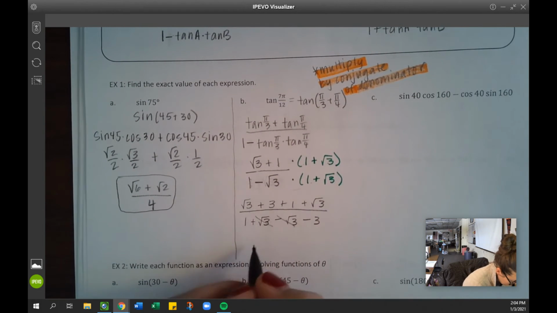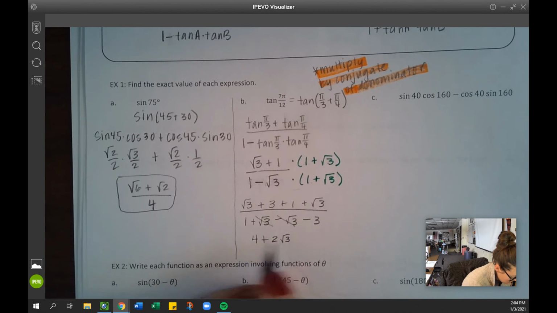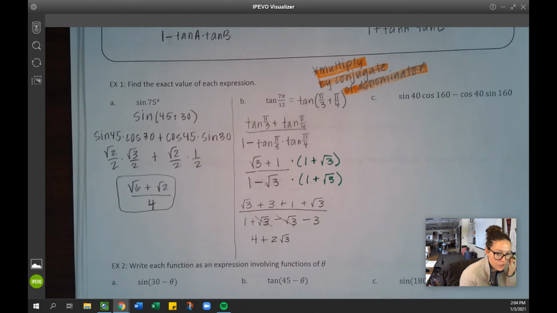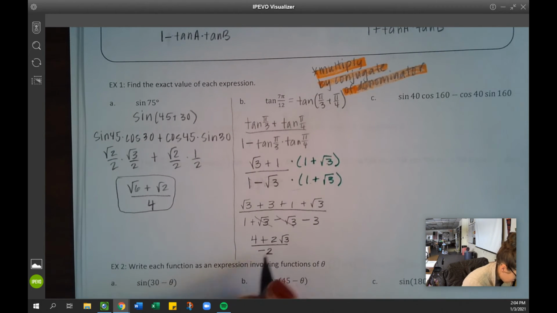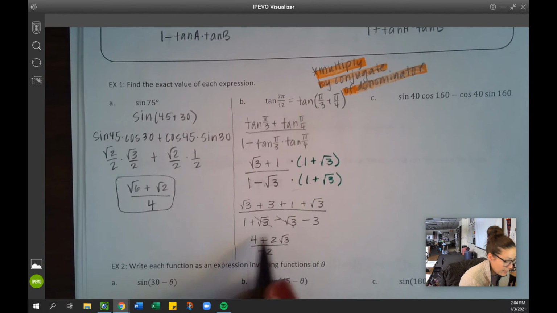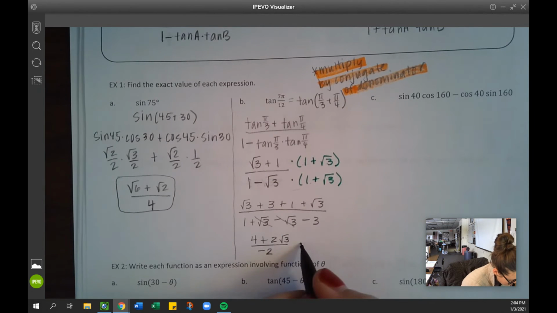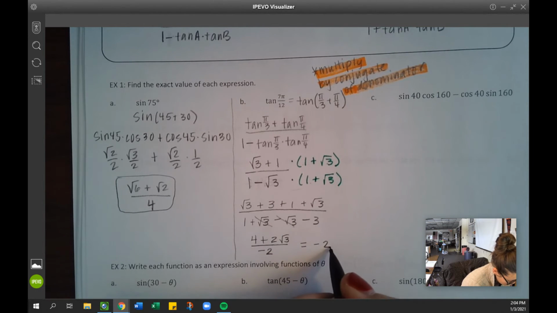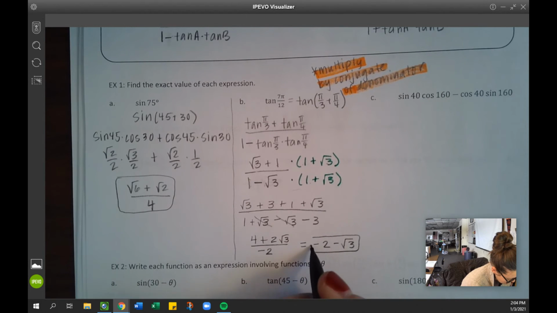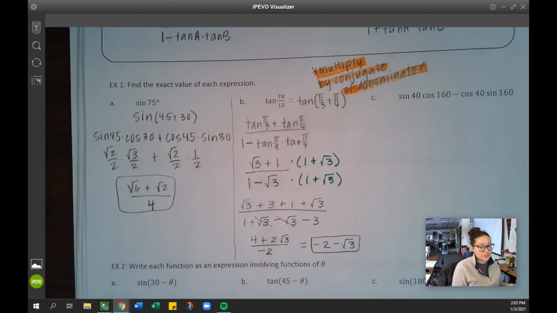On the top, I have 4 plus 2 square roots of 3, because I have a square root of 3 plus another square root of 3. And then on the bottom, I have negative 2. I can simplify this because everything has a factor of 2. So this becomes negative 2 minus the square root of 3. And that would be our final answer.